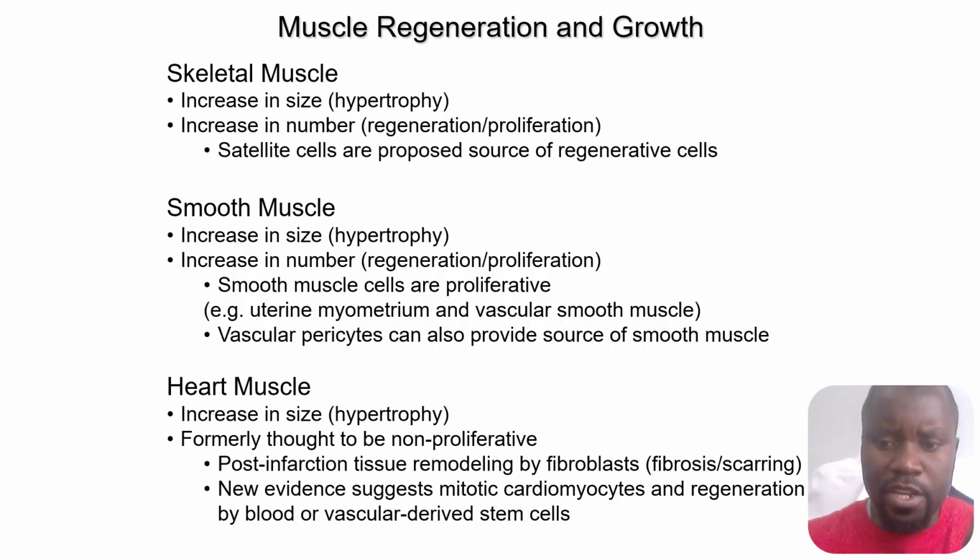But it has been observed that after dead tissue, or infarction, of cardiac contractile tissue, there is a remodeling by fibroblasts, which produce fiber, or connective tissue, and this causes scarring. New evidence also suggests that there are mitotic cardiomyocytes, and there is regeneration by blood and vascular-derived stem cells that help to regenerate heart tissue.